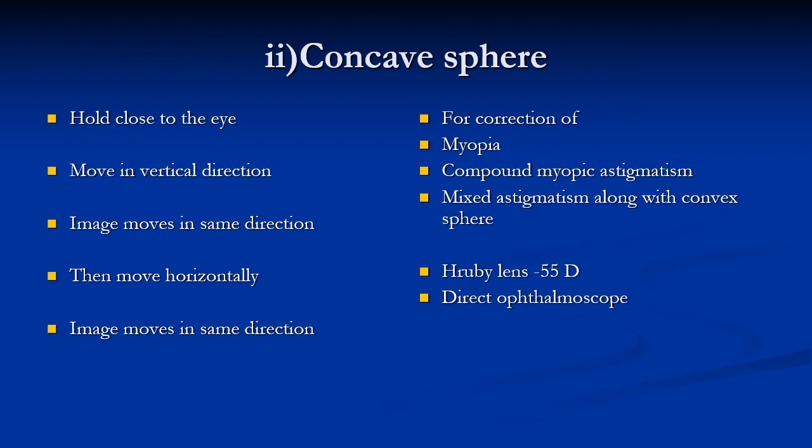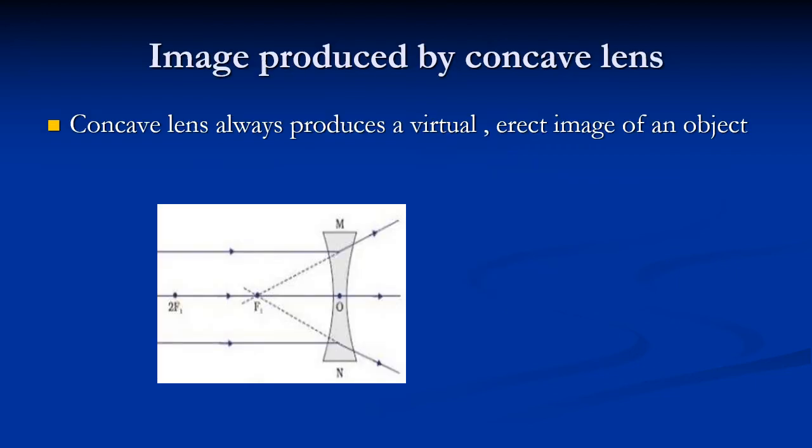If there is minification, it is a concave one. If after rotation there is no distortion of the image, it means it is a spherical one, not a cylindrical one. So concave lenses are used for the correction of myopia and compound myopic astigmatism, used in the Rabi lens, or in a direct ophthalmoscope you are using the concave spherical lens.